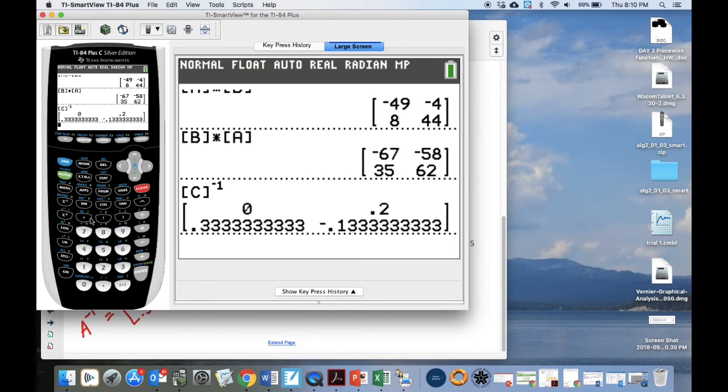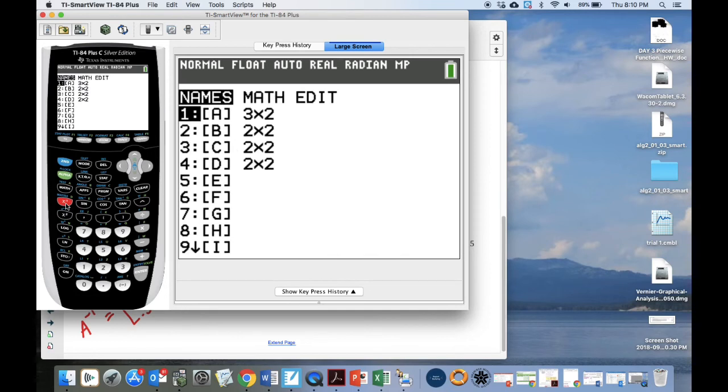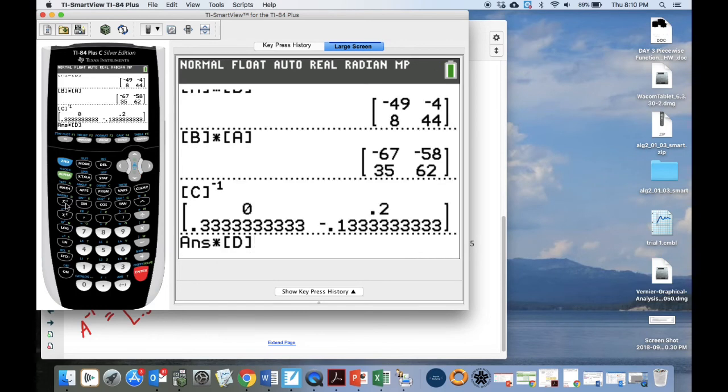I hit this times second matrix, and then if you hit names, but don't hit anything yet, you want to go down to what you want to go to, so you want to choose matrix B and hit enter, and it'll multiply it by it for you. I added mine into D, so I'm going to go down to D, but yours is in B, so go ahead and multiply it.